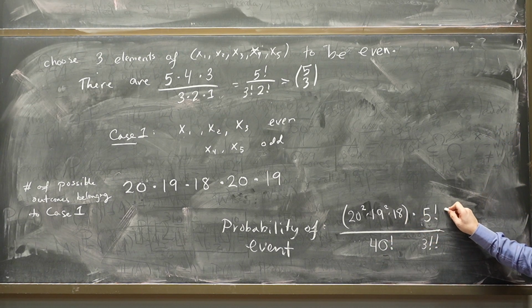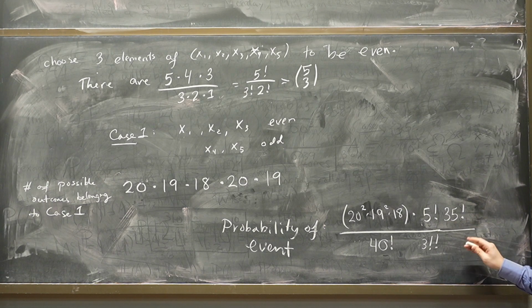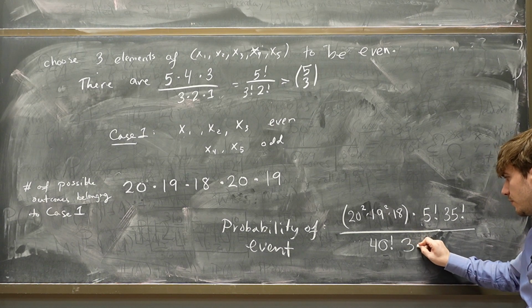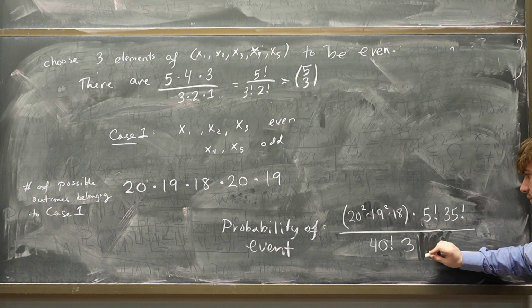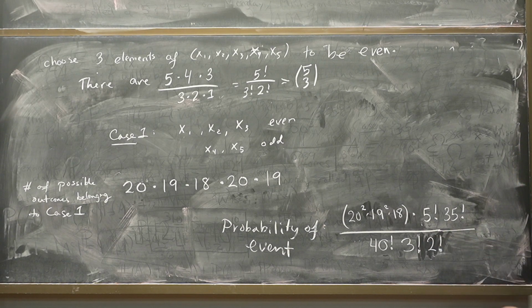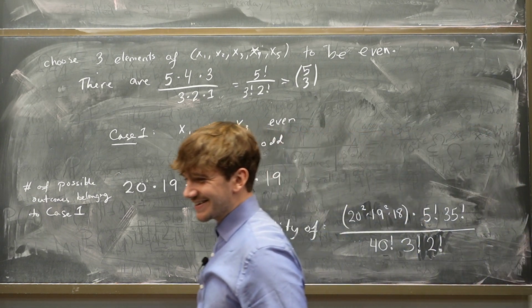So that's going to come upstairs to the numerator. And we have 3 factorial. Oh, sorry. Okay, this is going to get interesting. All right, that concludes this problem.